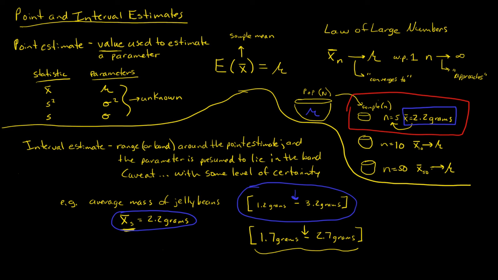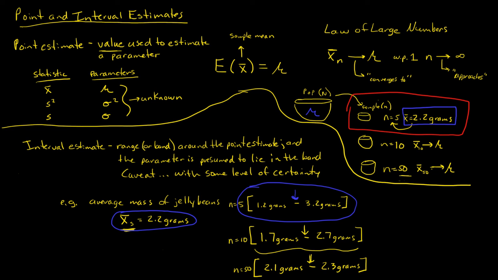Let's say you did the sample size again, this time n of 50, and you still got 2.2 grams for your point estimate, but now your interval goes from maybe 2.1 grams to 2.3 grams. So plus or minus 1/10 of a gram. Again, I got the same point estimate of 2.2 grams, but now it was based on 50. This one was based on n equals 5, this one was n equals 10, this one's on n equals 50.